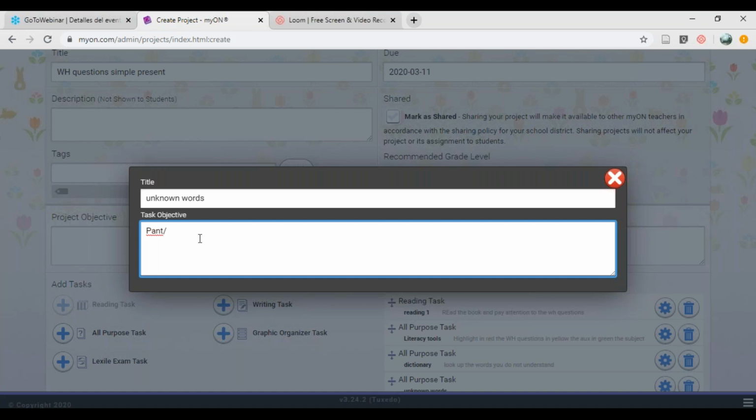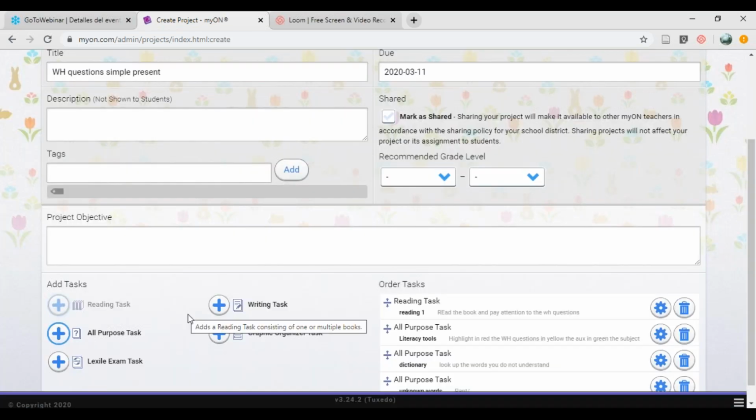What I would like you to take from this is that this all-purpose task can be used in many ways. You can use it for your students to create things outside of the platform, or you can simply use it to write and to give them instructions. That's an option. Another option is in the reading task itself.